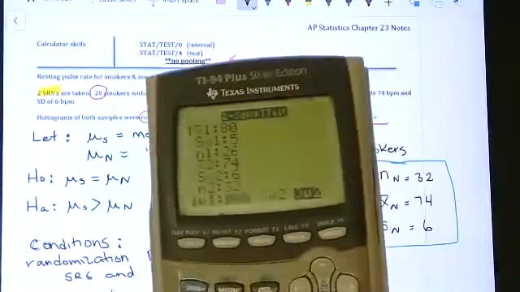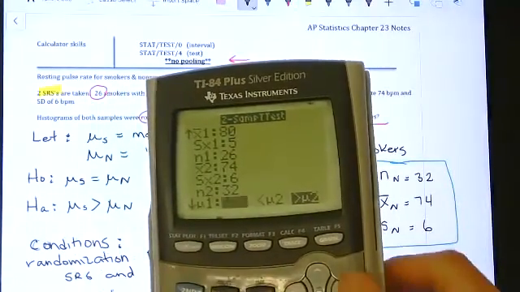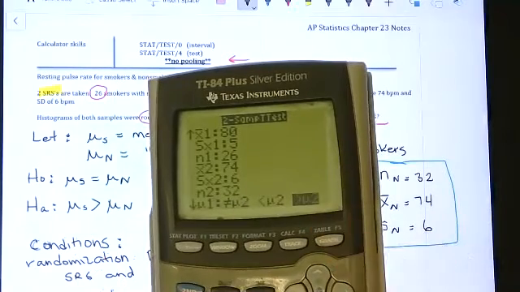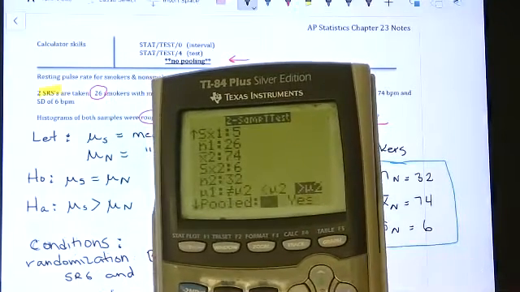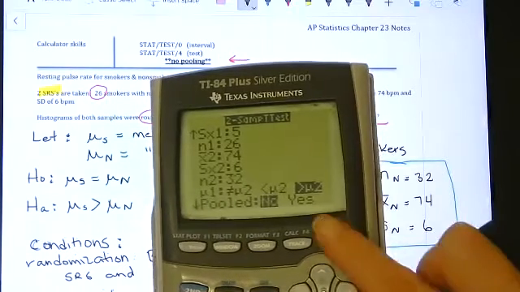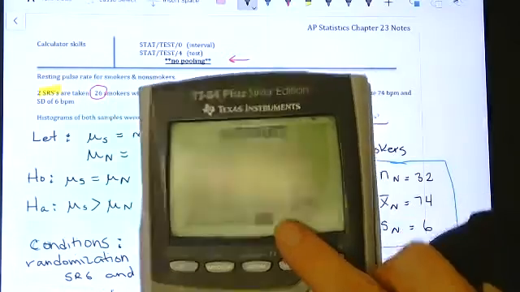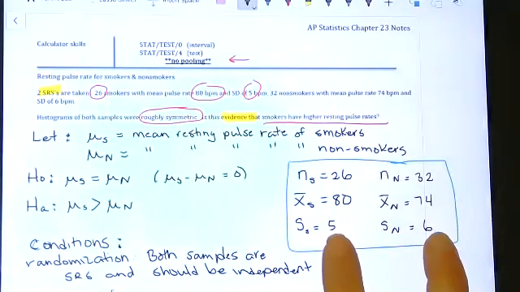And then it asks you, what did you use for your alternative? And look, my alternative is a greater than test. So right there, greater than. It will ask me if I want to pool. Do we want to pool? No. What they are asking is, do we assume that the standard deviations for both groups are actually equal?